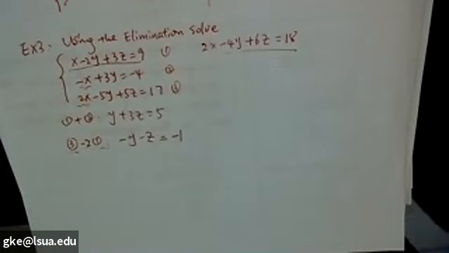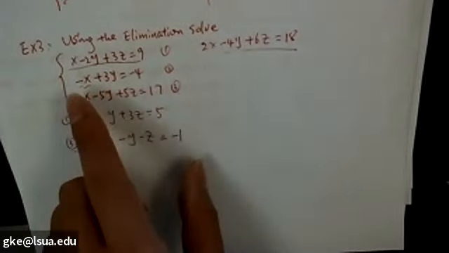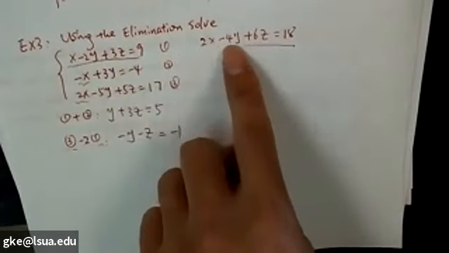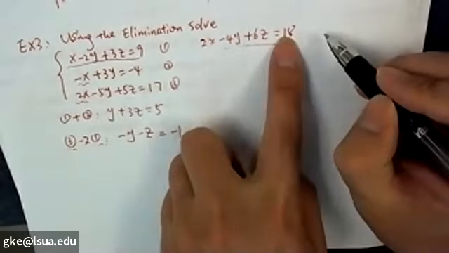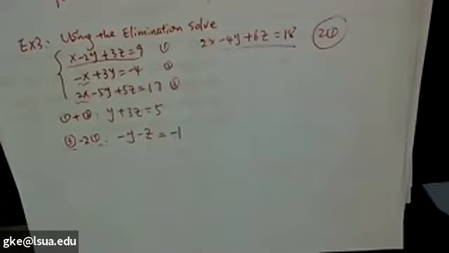You need to understand this step, what I'm doing. I skip a lot of steps. So first of all, I let the first equation times 2. Should be here, right? 2x minus 4y plus 6z equals 18. That's the 2 times 1, right? 2 times 1.